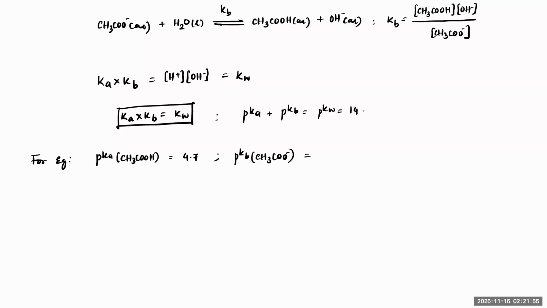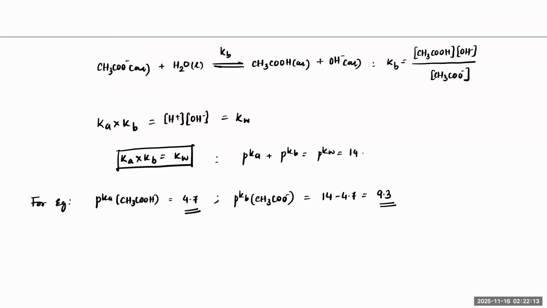That has to be 14 minus 4.7. So hence that is equal to 9.3. So 9.3 and 4.7 are the conjugate acid base pKa and pKb values for this acid.